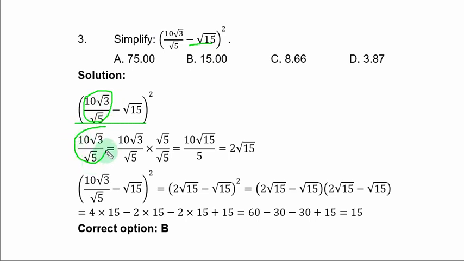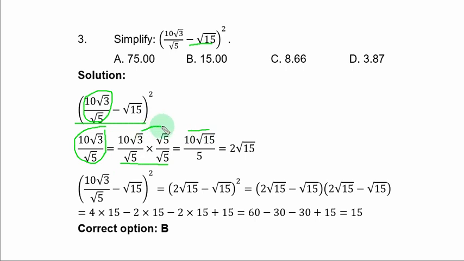For it to be simplified, you simply rationalize the denominator by using root 5 to multiply both numerator and denominator in this form. So you have 10 root 3 times root 5, you have 10 root 15.